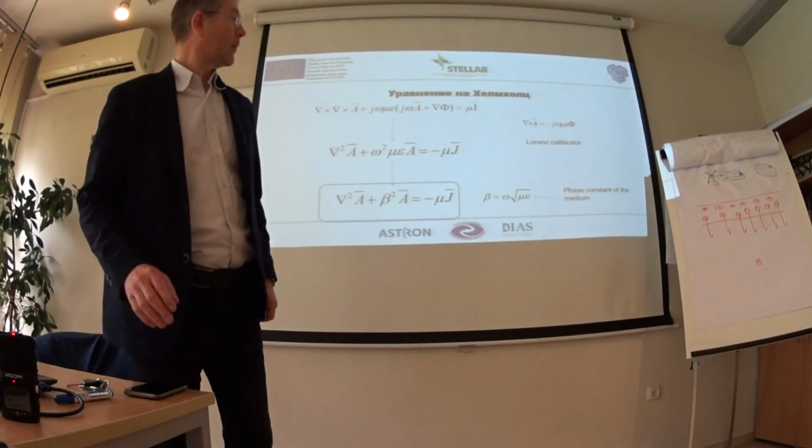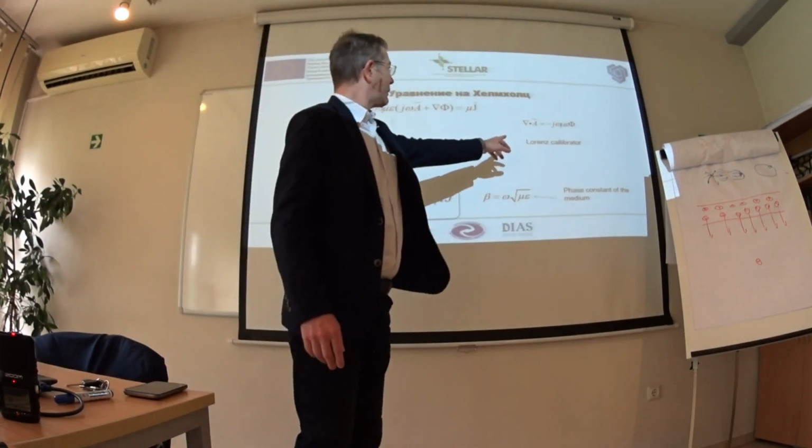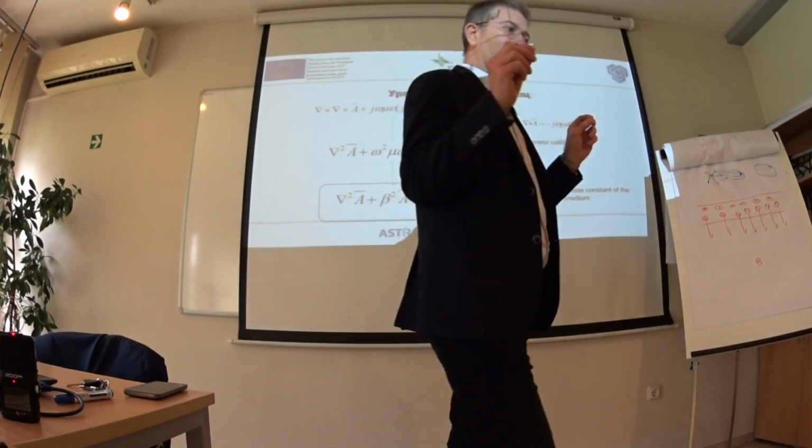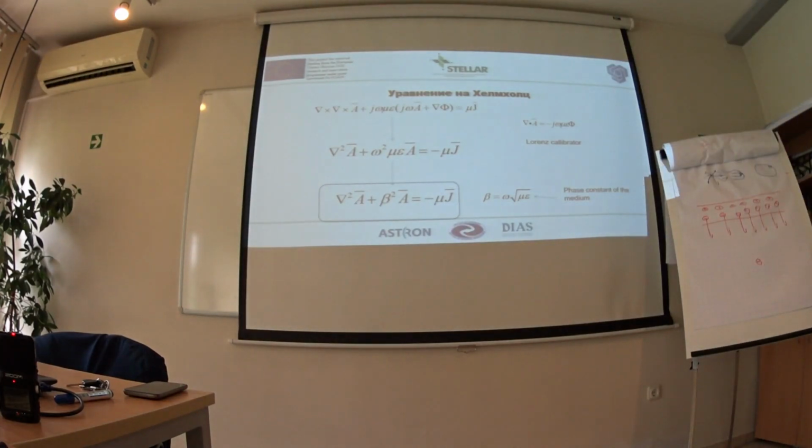Then what is this calibrator? Lorentz calibrator is because if you solve differential equations, you will get a set of an infinite number of solutions. And the Lorentz calibrator tells us, pick this one.